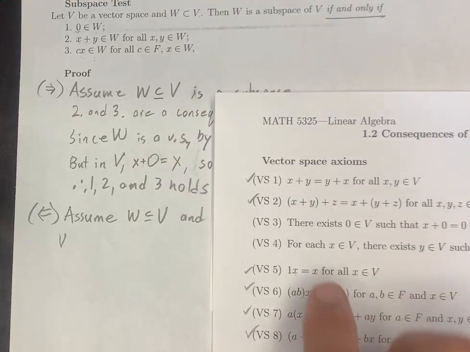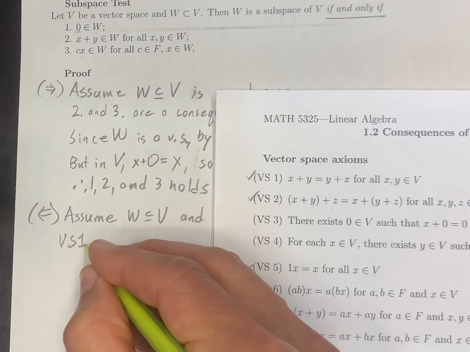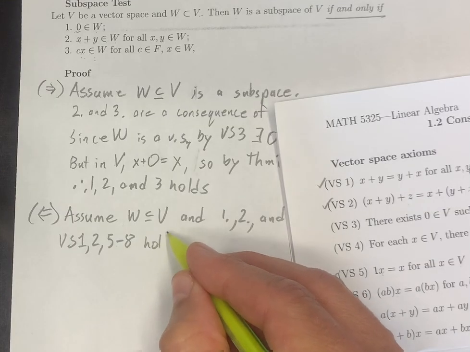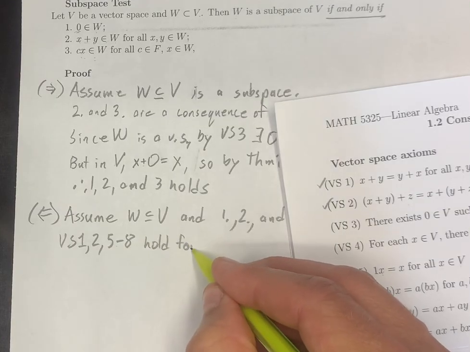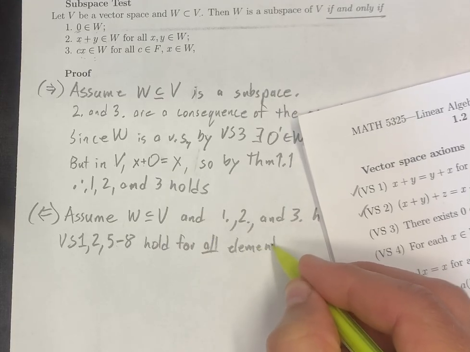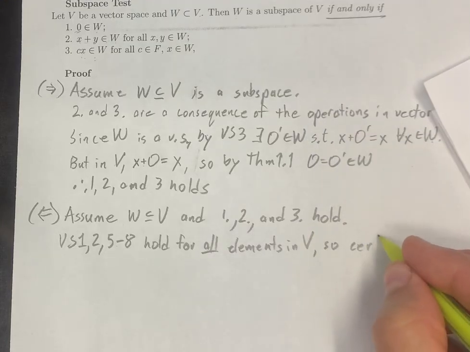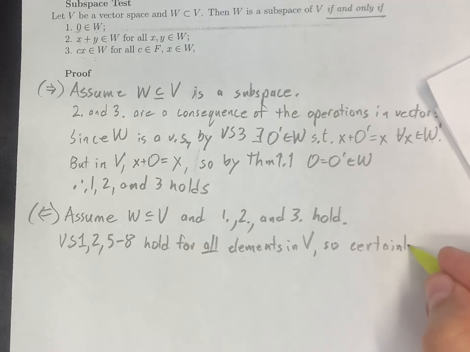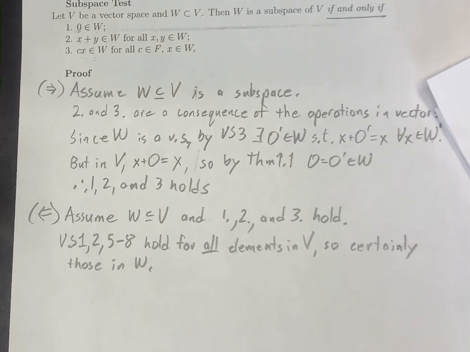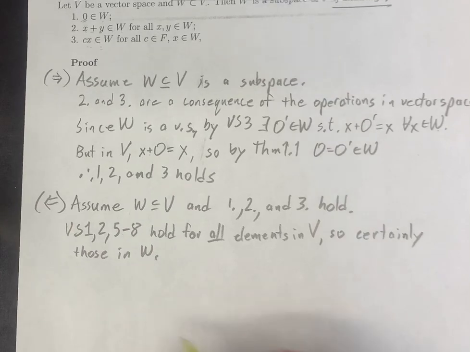In other words, going back to the definition, does VS1 through VS8 hold? VS1, 2, and 5 through 8 hold for all elements in V, so certainly those in W. We really have to worry about two vector space axioms in particular.